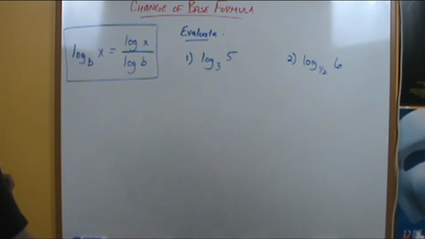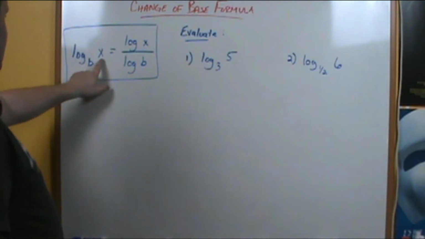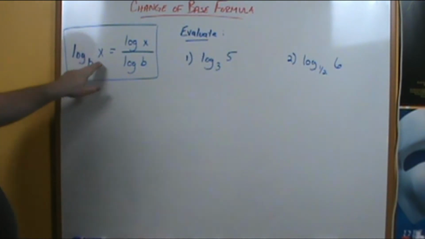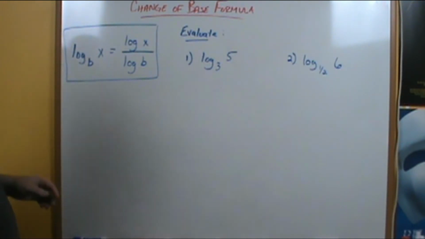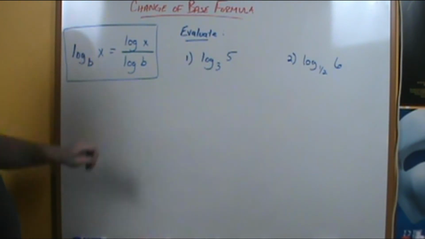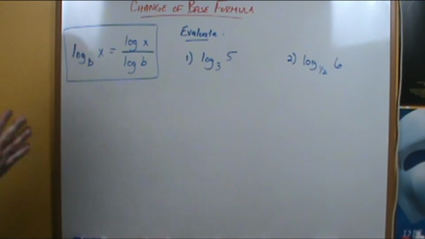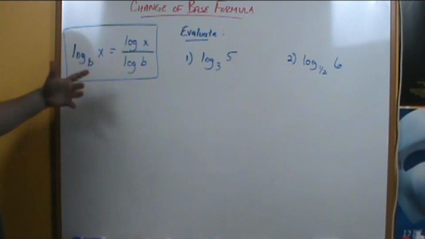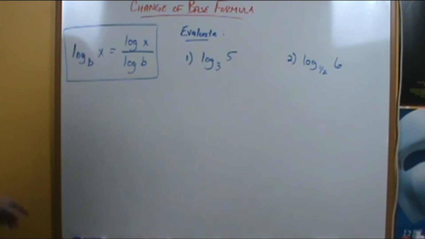To evaluate a logarithm at any base b of x, log base b of x, we can express it as a quotient of the common logarithm of x divided by the common logarithm of the base b. These are both common logarithms, and this is basically the formula that you should know to evaluate any logarithm with any base.